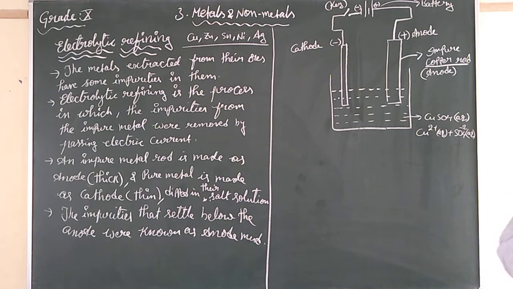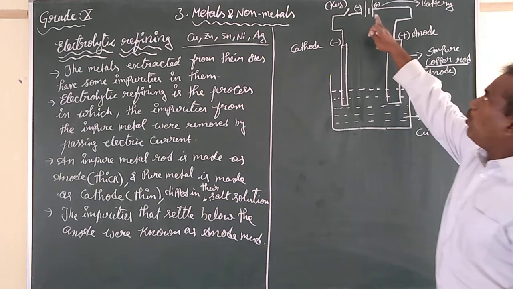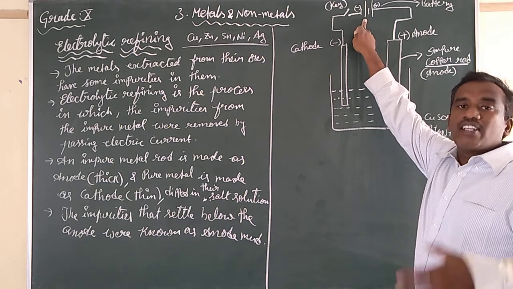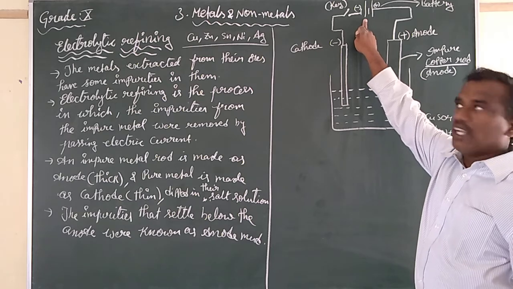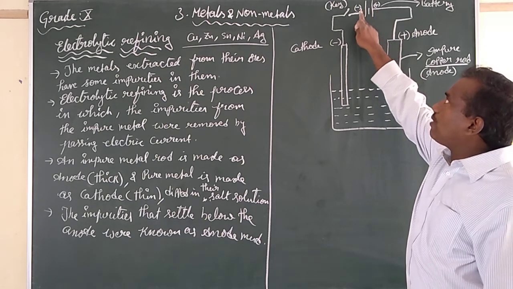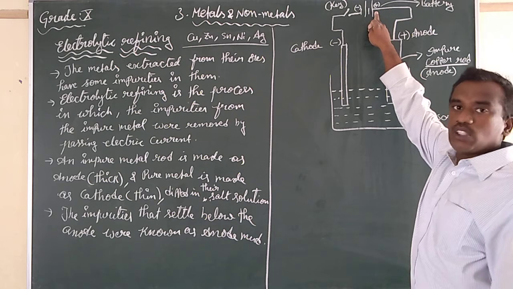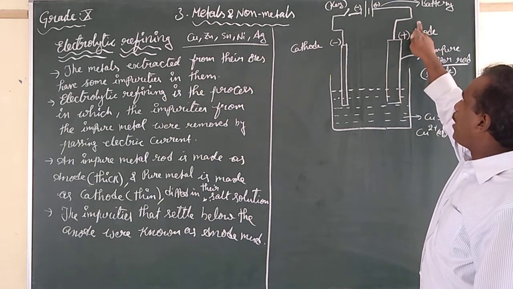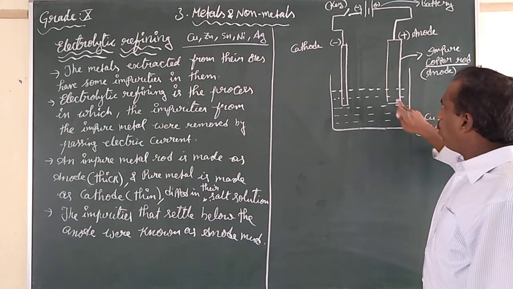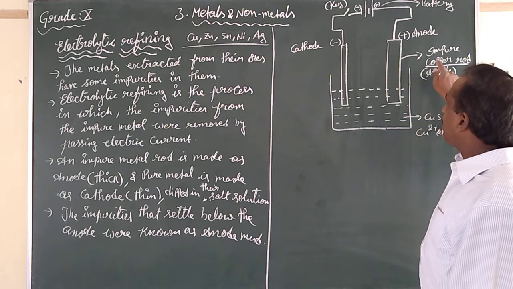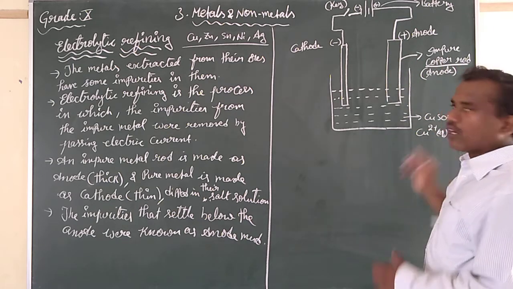For the important diagram, what things do we want? We want a battery as the source of electrical energy. This battery has a positive terminal and a negative terminal. The positive terminal is connected to an electrode, and this electrode is the impure metal rod.